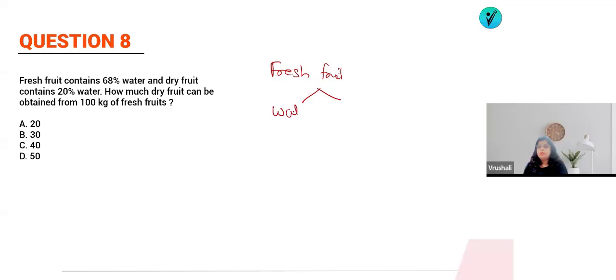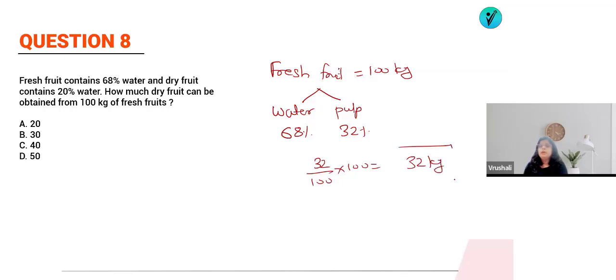So this will be the water, remaining will be what? Pulp, right? So 68% is water. So remaining, how much? 32% will be pulp. And they are talking about 100 kg of fresh fruit. So how much pulp will we receive here? 32% of 100 kg. That means 32 kg will be the pulp.